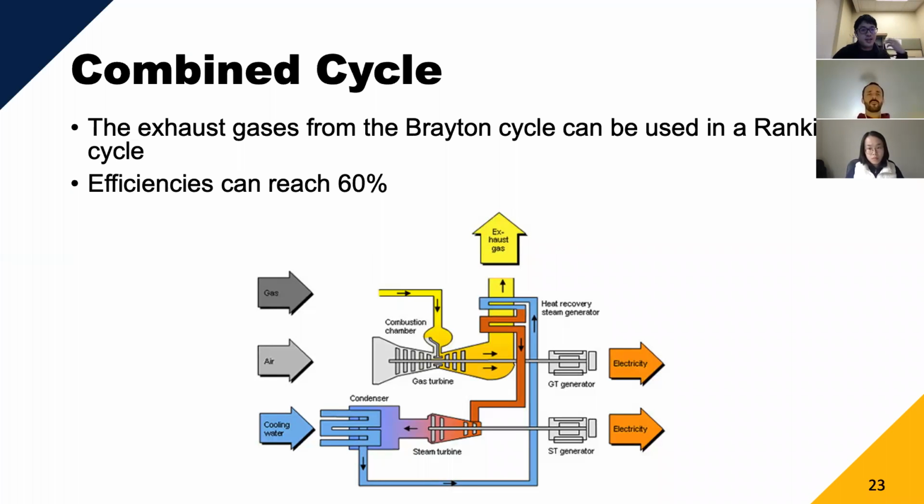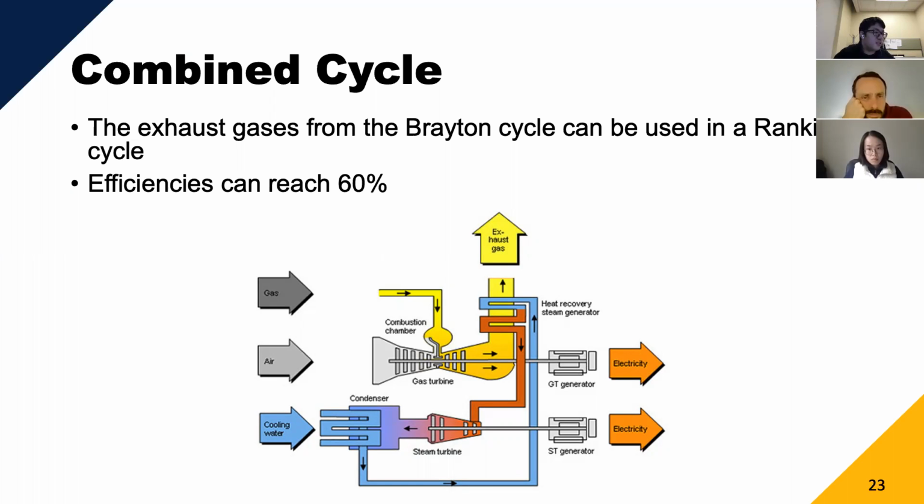And this allows for the efficiency to be substantially higher. So instead of this mid 40% efficiency, you're getting up to 65% efficient by combining both of these together. And this is what makes natural gas plants substantially more efficient than coal plants in terms of extracting the primary energy.